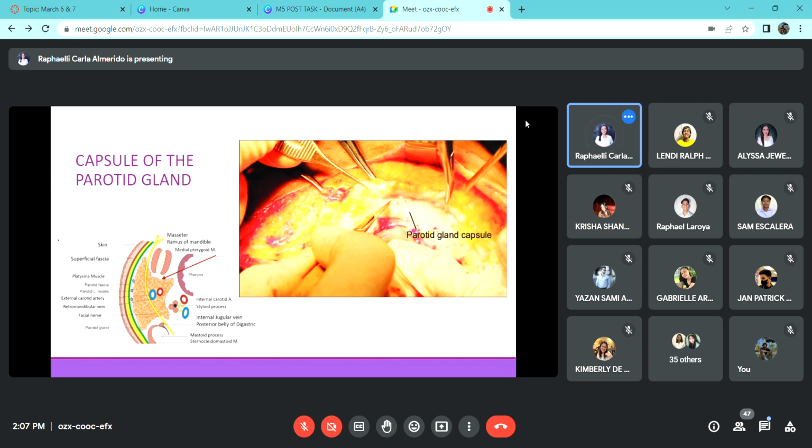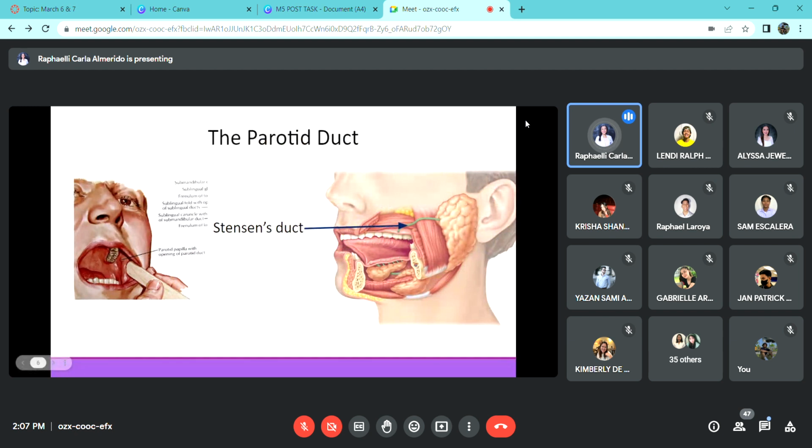Okay, so the parotid produces the secretion and it needs to travel somewhere, so that the secretion will be expelled to the oral cavity. Before the saliva becomes present inside the oral cavity, it passes through the Stenson's duct.